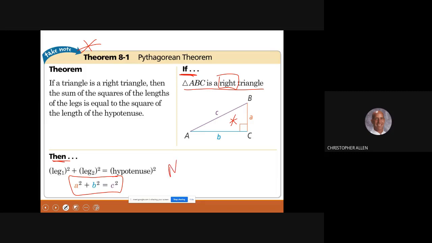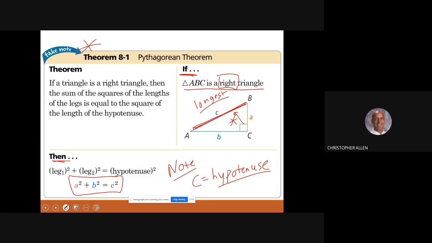And note, c has to be the hypotenuse. And I know that's kind of a fancy word. We've used it in the past. The hypotenuse is this side right here. It's the side that's opposite the right angle. It's the longest side, if you will. In fact, it will always be the longest side of a right triangle.